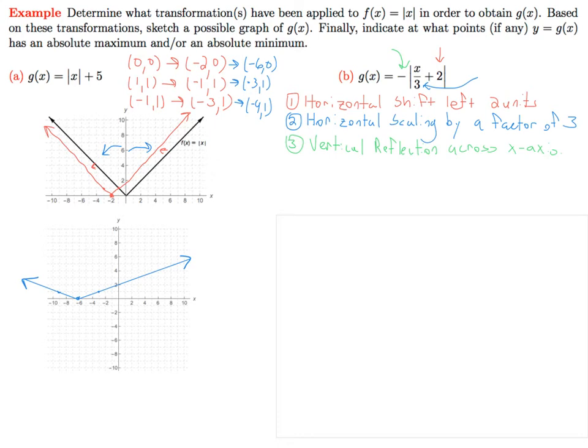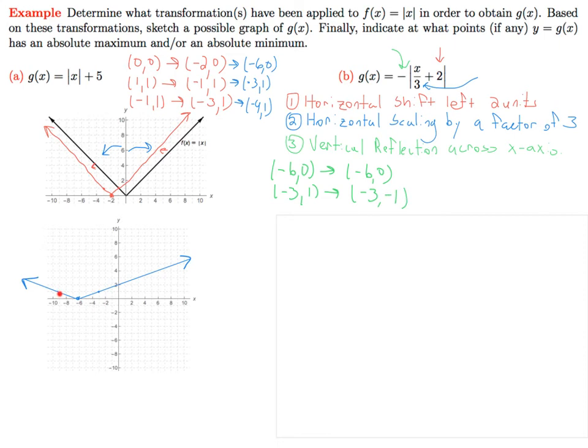And now the last thing that we do is we take each of these points and reflect them vertically over the x-axis. So this point at (-6, 0) stays on the x-axis at (-6, 0). The point at (-3, 1) now winds up at (-3, -1).